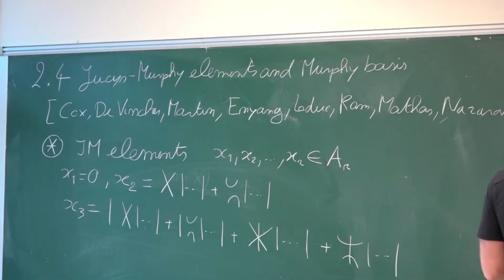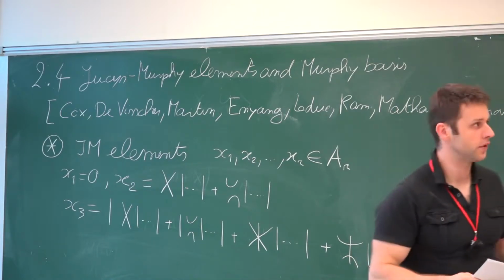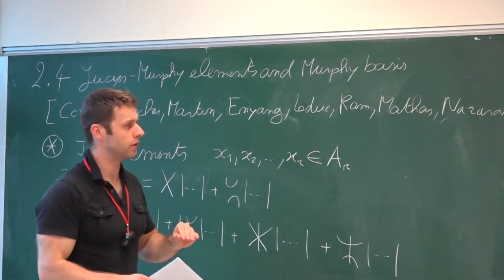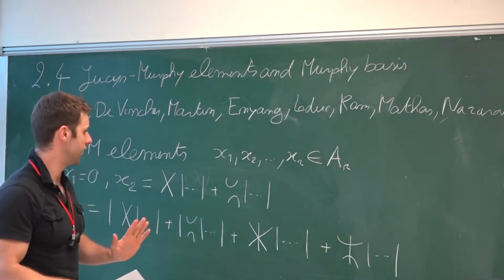the following fundamental lemma for the Jucys-Murphy elements is that xi commutes with the subalgebra A(i-1) inside Ar. So yesterday we fixed an embedding of any smaller periplectic Brauer algebra in Ar.